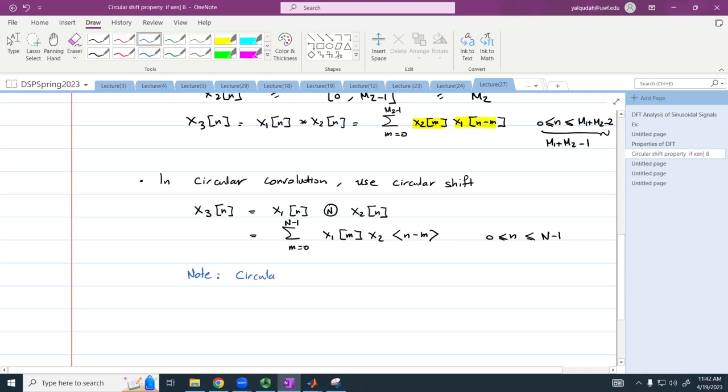The first thing is the circular convolution depends on the choice of N. The length of the convolution output is going to equal N. N must be greater than the maximum of M1 and M2.